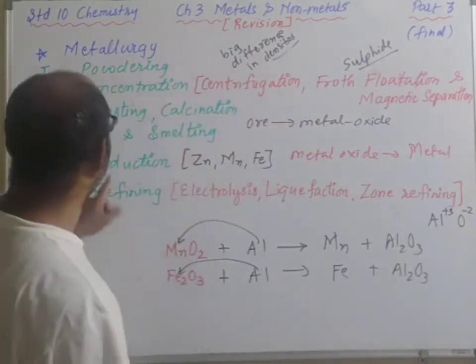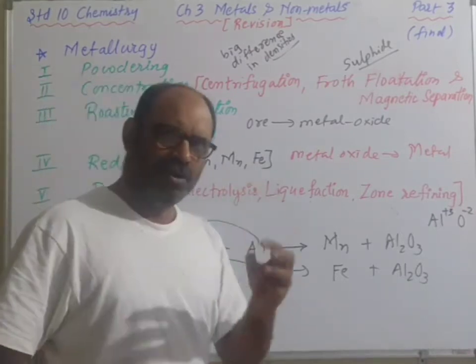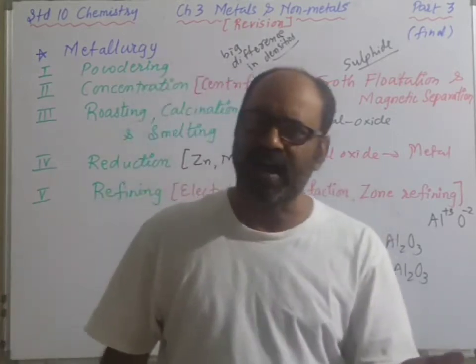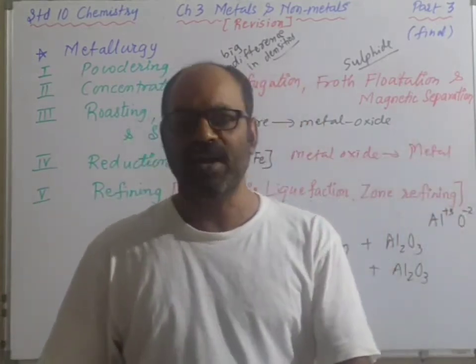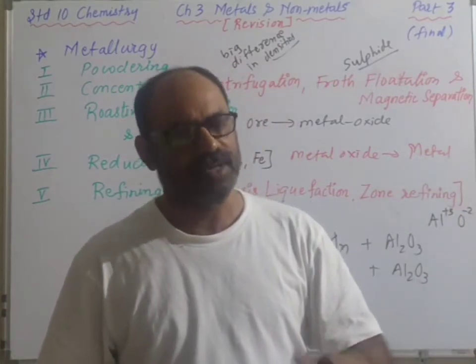Okay. So that's how reduction is done, in stages. Those metal oxides which can be reduced by carbon. Then if not reduced by carbon, it is treated with carbon monoxide.